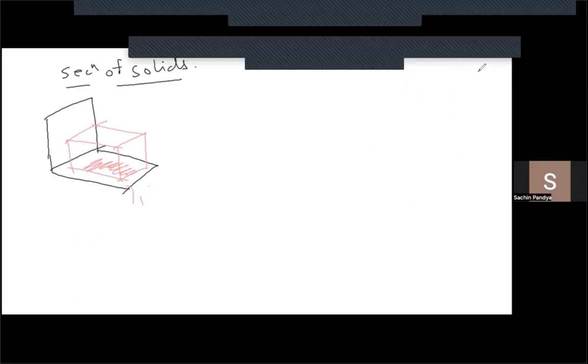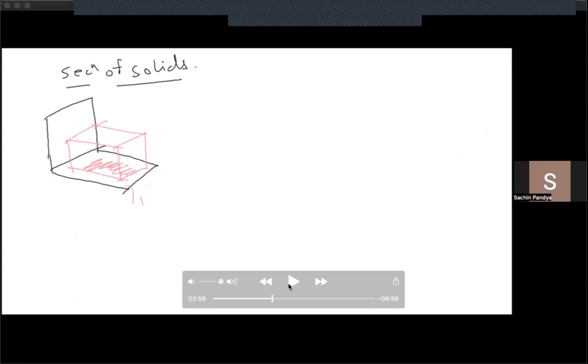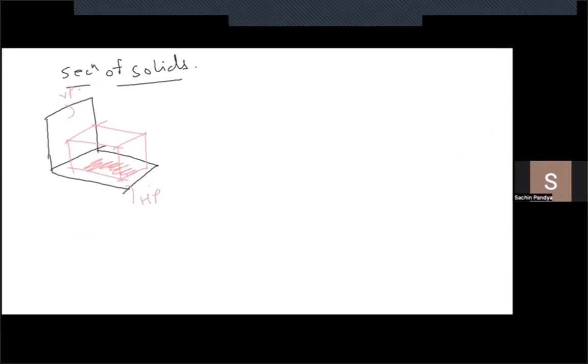I will erase this. Right? And with the axis perpendicular to VP, and it is cut, sectioned by a plane parallel to VP. There is one imaginary plane. Let's say this is an imaginary plane which is cutting this object into two parts.